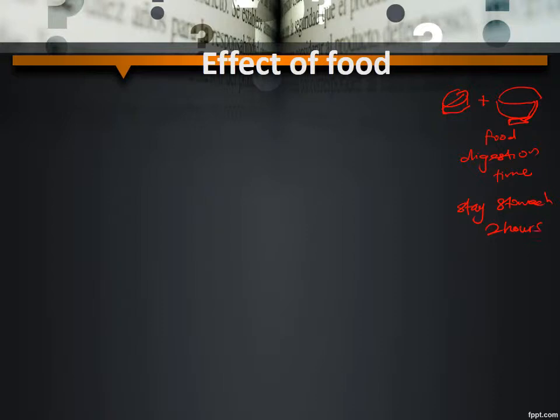So the time taken for solid food to stay in the stomach is around 2 hours. If you take it together with a tablet, it will actually delay the arrival of the tablet in the intestine.